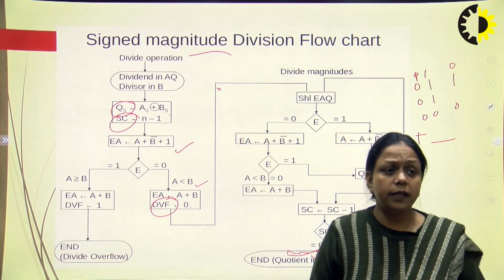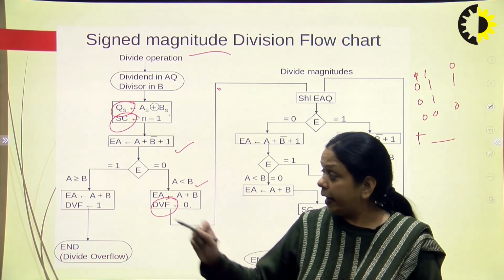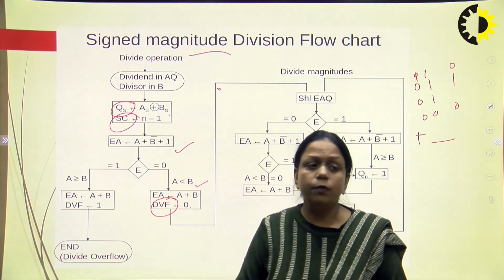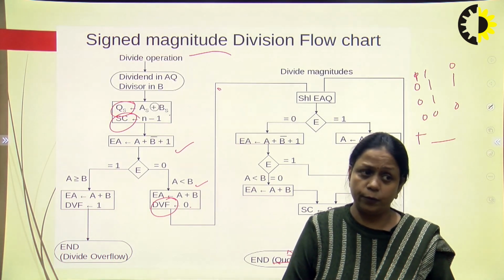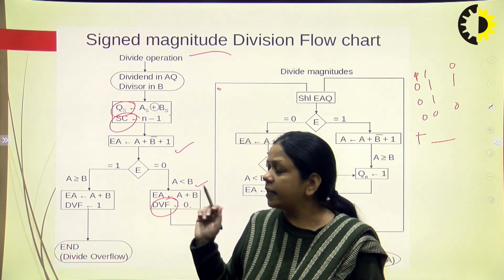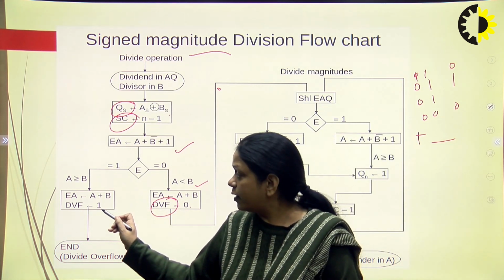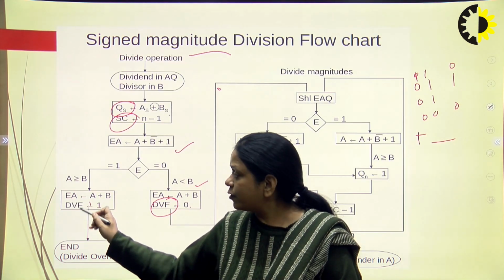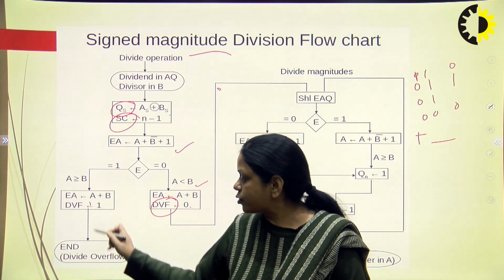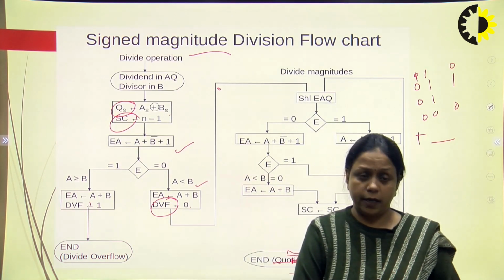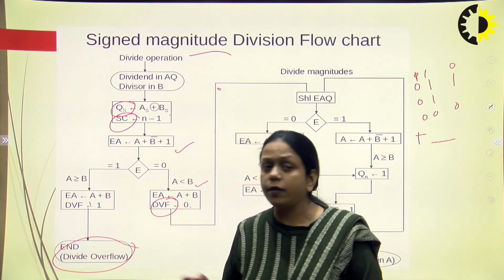In the other case, when the value of E is equal to 1, what does it mean? A is greater than or equal to B. And if A is greater than or equal to B, there is a chance of divide overflow here. So the DVF, or divide overflow flip-flop, will be 1, and again we will add A plus B, but we will stop the division here, because this is a case of divide overflow.